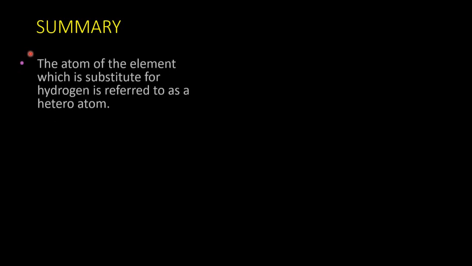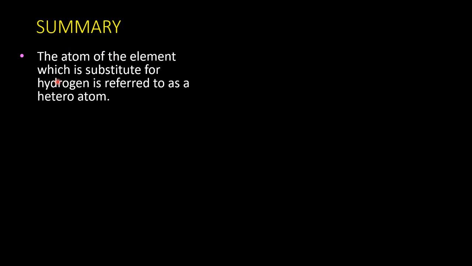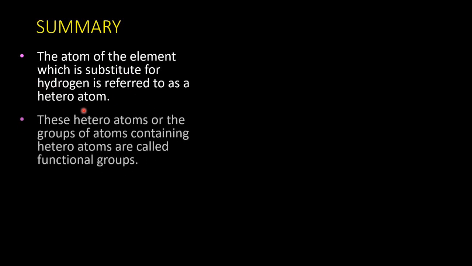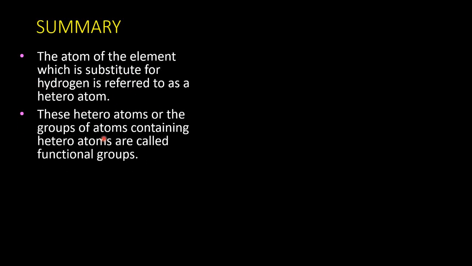We have learned a lot in this module, so let us summarize whatever we have learned. First, the atom of the element which is substituted for a hydrogen atom in a hydrocarbon is referred to as a heteroatom. So these heteroatoms can be single or a group of heteroatoms. So these are called functional groups.